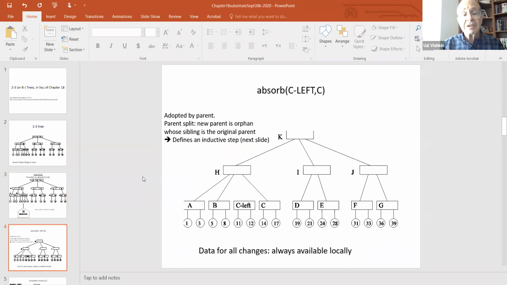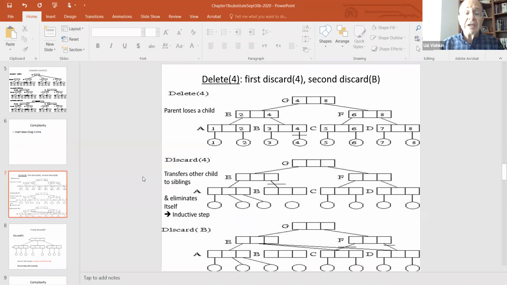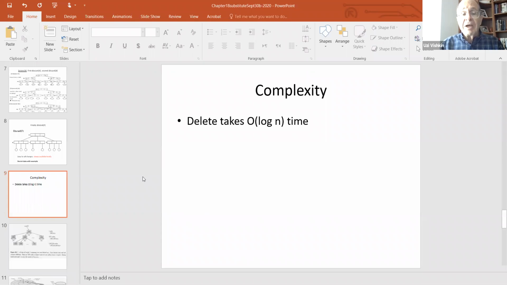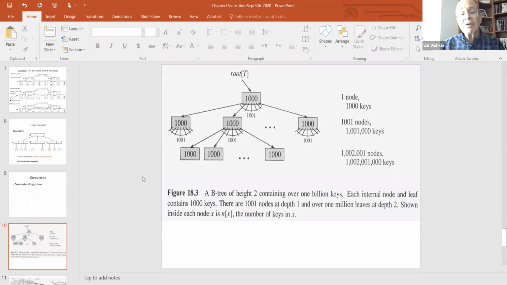So it turns out that historically, and of course it's debatable how future systems will look, B-trees have been playing a major role in databases, which try to store a huge number of elements.